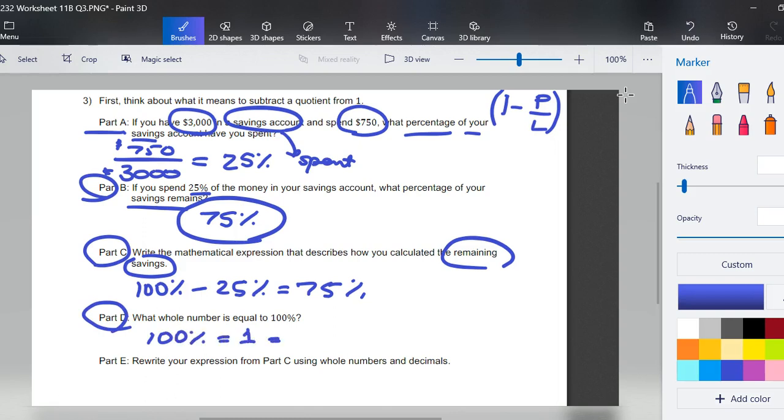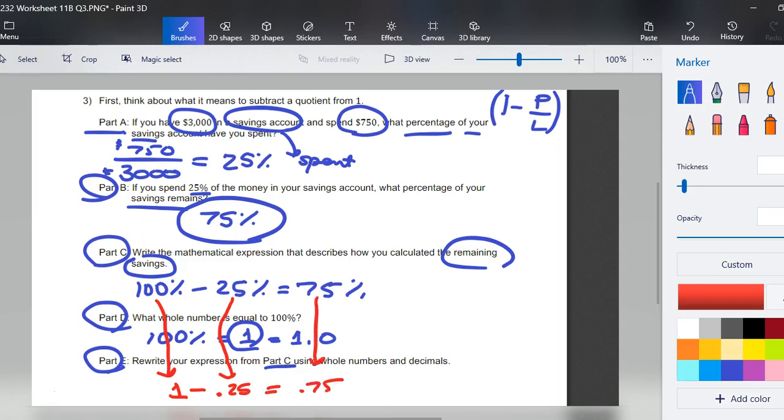Well, 1, or 1.0, or whatever, but 1. So rewrite your expression from part C using whole numbers and decimals. Well, instead of 100%, let me write it as a 1. And instead of 25%, let me write it as 0.25. And that's a minus, and it equals 0.75.